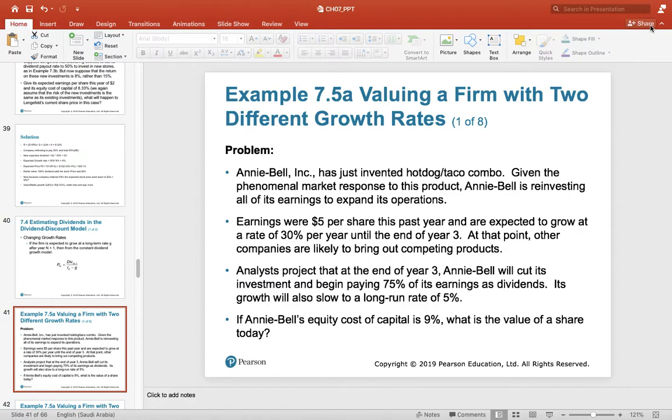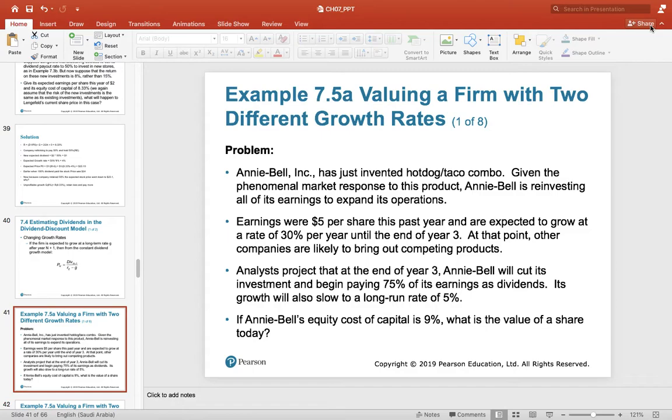These 2 years there will be 0% dividend, 100% retention. From year 3 onward the company will pay 75% as dividend and retain 25% as retained earnings.